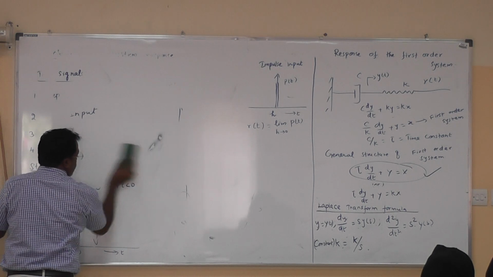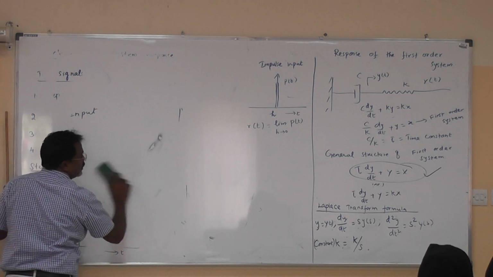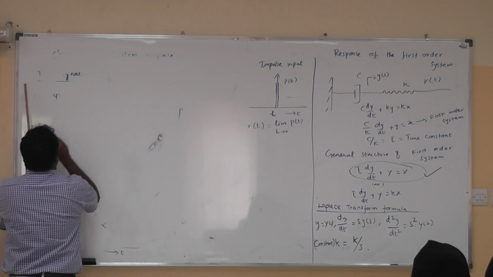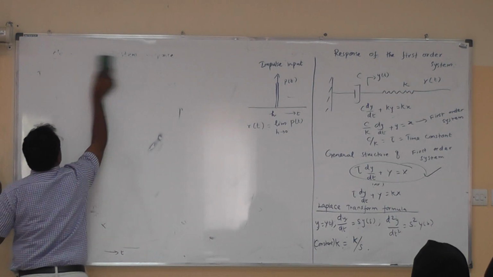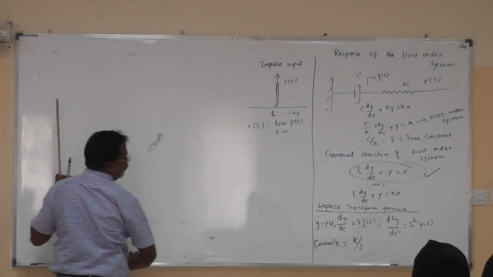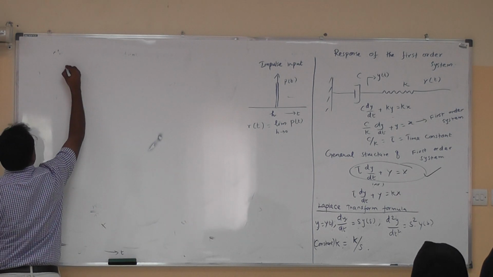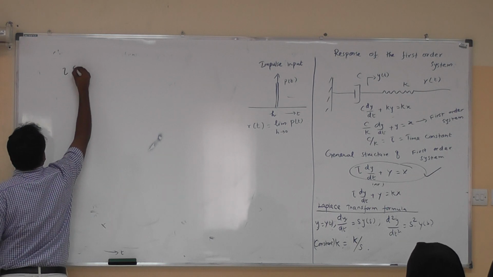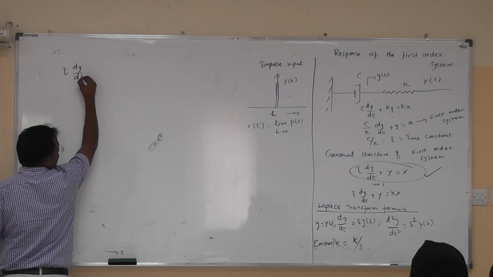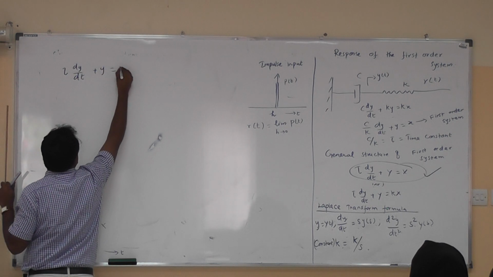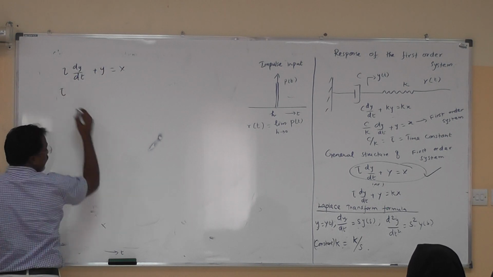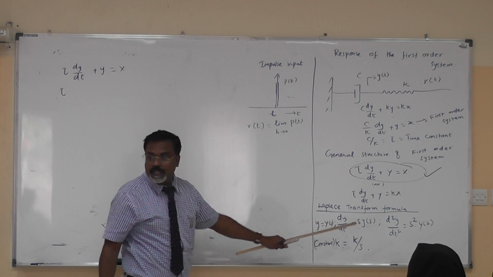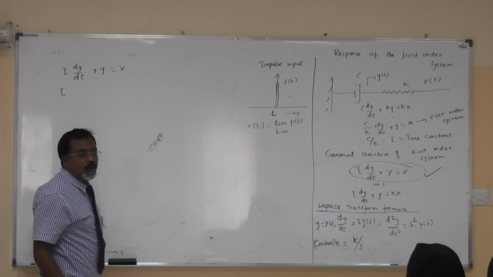If you want to convert the general equation of a first order system, tau dy by dt plus y equal to x, dy by dt, what is the Laplace transform? s into y of s.